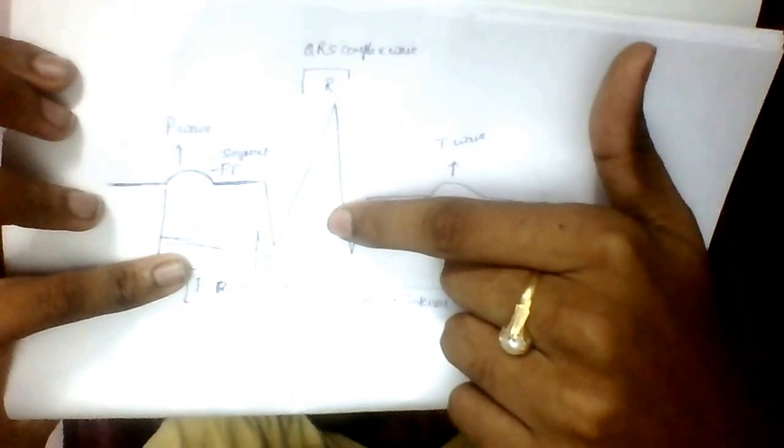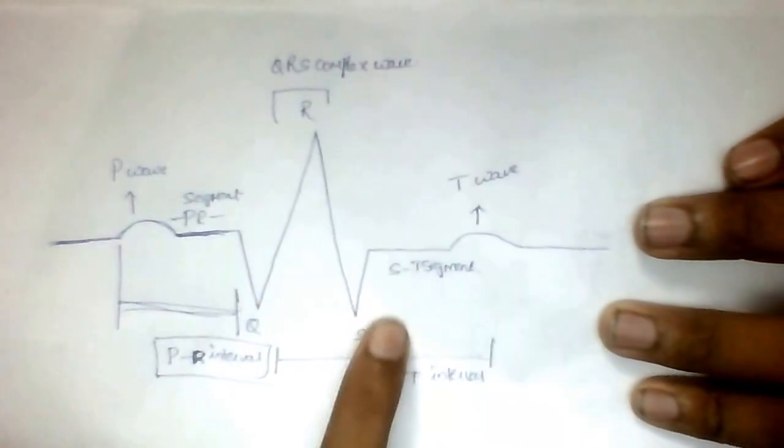Then we have the QRS complex. This indicates the ventricular systole, the electrical impulses passing through the ventricles, and it tells how the ventricle is working.